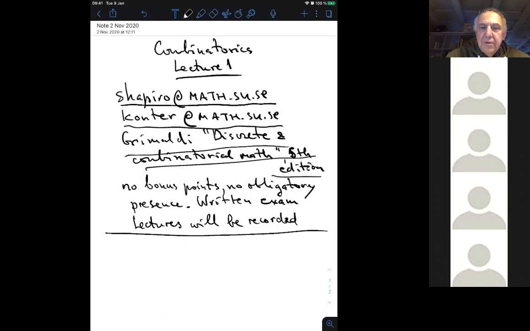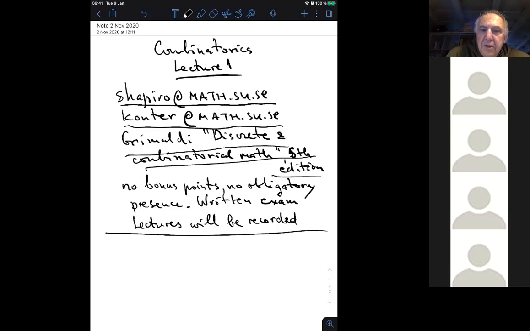Combinatorics is the art of counting different configurations, collections of objects, and so on. It's a very useful topic in mathematics, used in many different branches. Some people consider it a very trivial topic, but since the 60s or 70s, a new branch called algebraic combinatorics has been developed, and it's much more advanced than elementary combinatorics used to be.